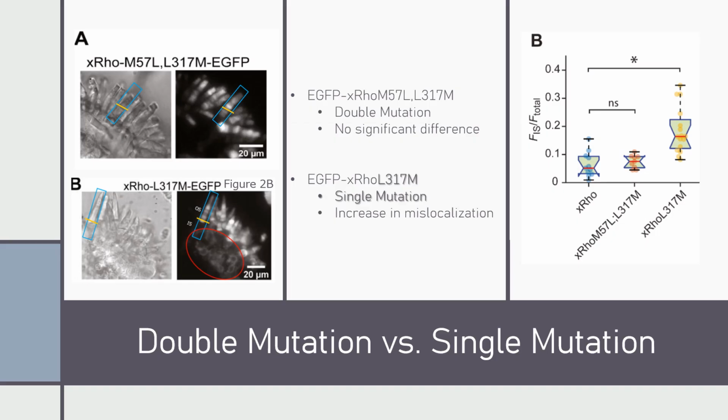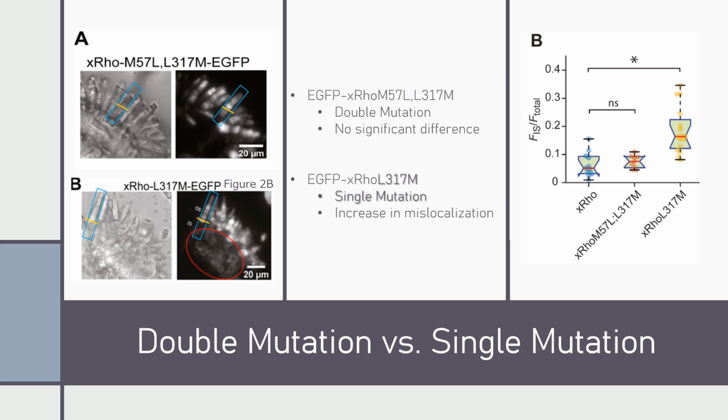The researchers also wanted to see if Xenopus rhodopsin was an exception or if the transport mechanism was consistent with other species. So they double mutated positions 317 and 57, swapping their amino acids to match zebrafish and bovine rhodopsin. Surprisingly, there was no significant difference in rhodopsin localization compared to wild-type rhodopsin.